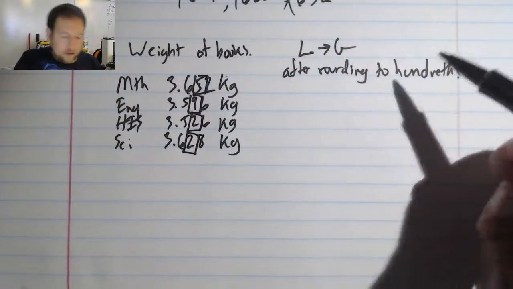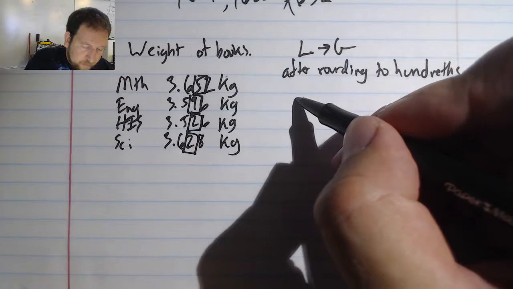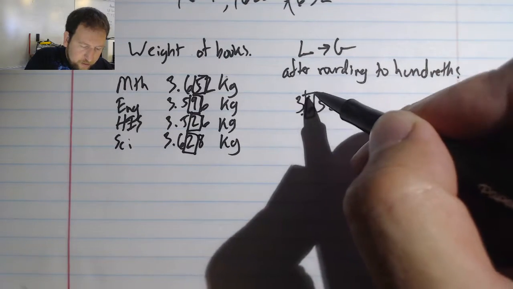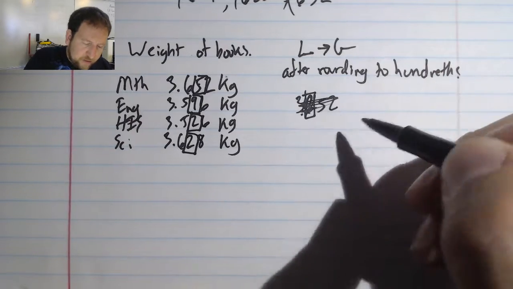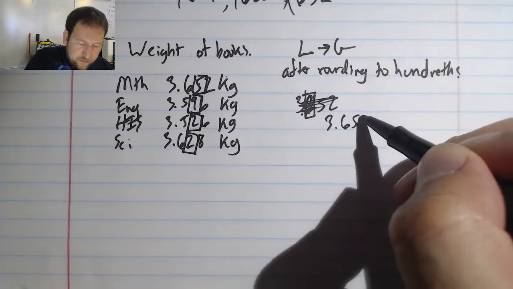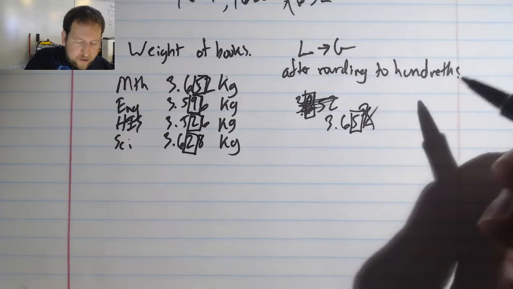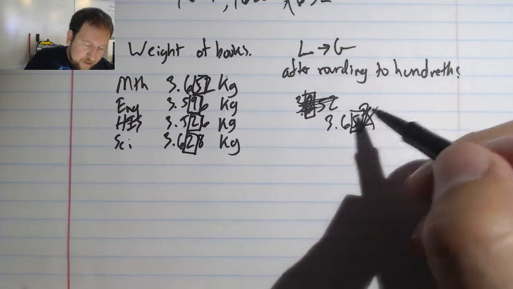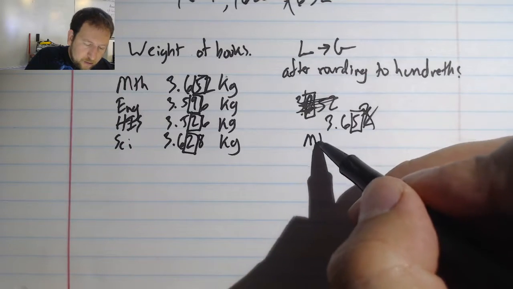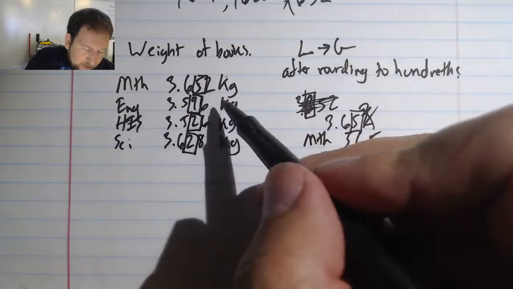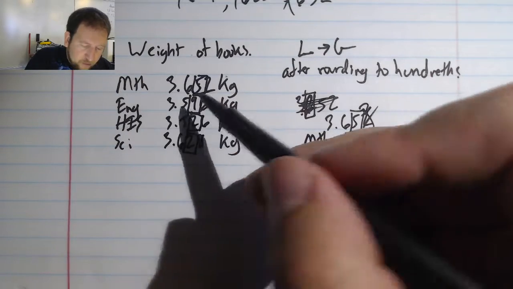All right, so let's take a look at our math book. 3.652, round to here. Look over. So my math is going to be 3.65. Let's look at my English. I have a 6 here, so I'm going to round up.